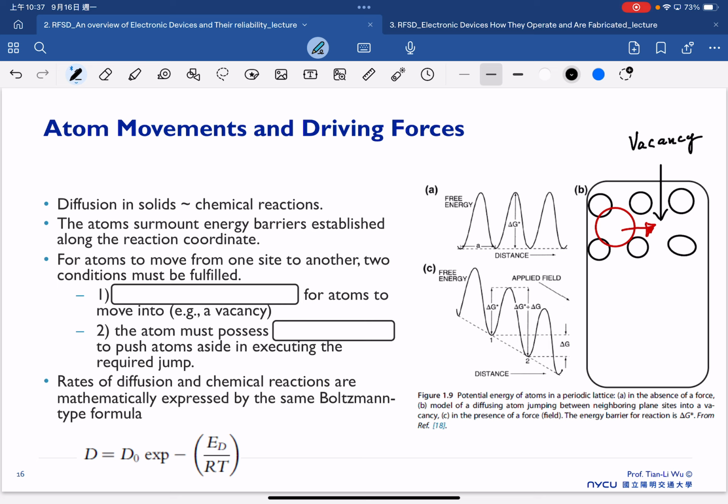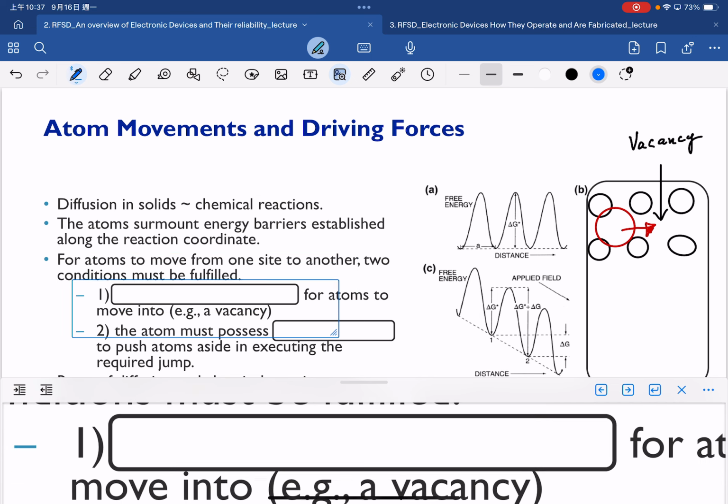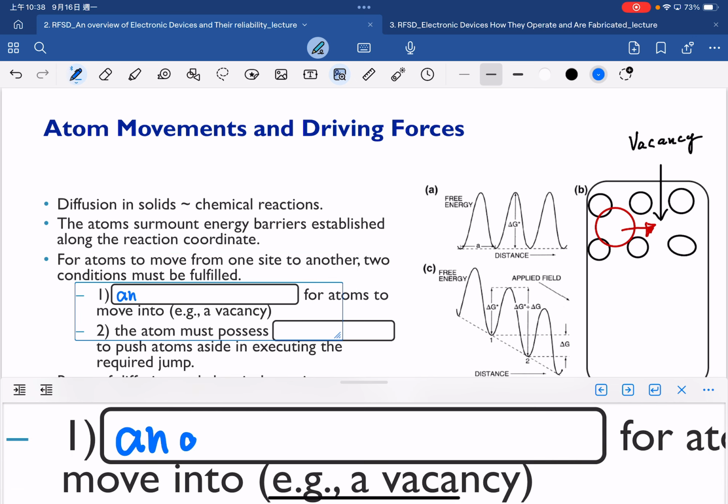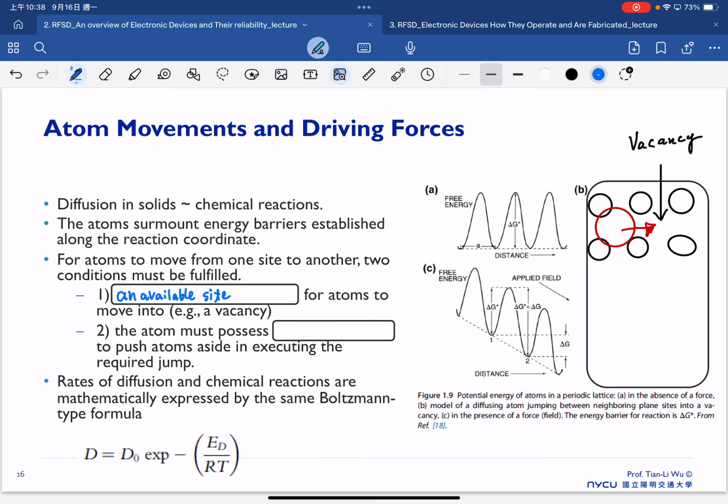Because we need the vacancy, otherwise diffusion cannot happen here. So the two conditions must be fulfilled. The first one is we need to make sure there is an available site for the atom to move in.